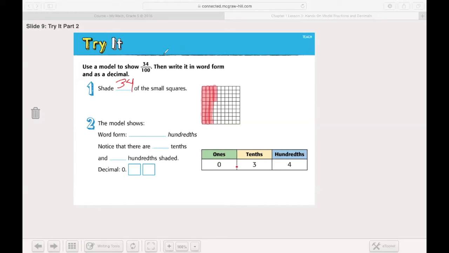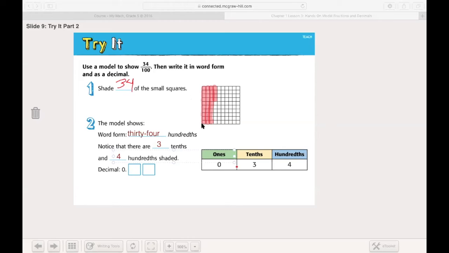If we were to represent that in word form, it would be 34/100ths. Notice that there are 3/10 and 4/100 shaded, right?